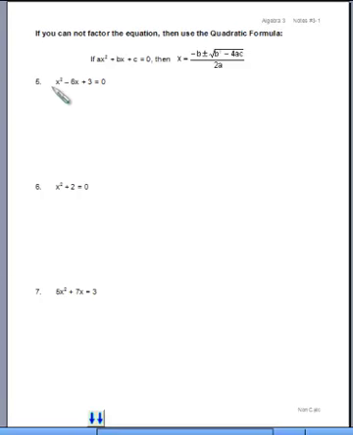So look, the coefficient in front of here is 1, so a equals 1. This b is negative 6, and c equals 3.